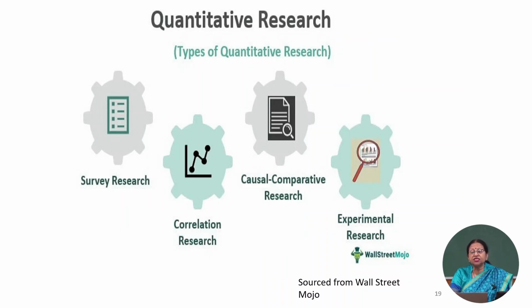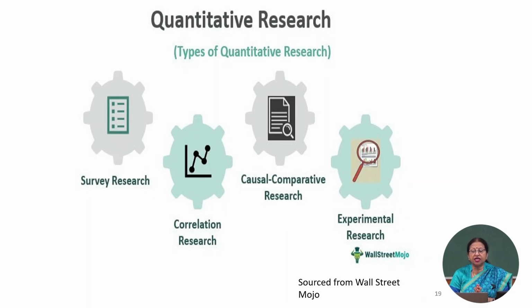Whereas in quantitative research, which I have sourced from Wall Street Mojo, it is not just survey research or correlation research or causal comparison research, it is also based on experimental research. So quantitative research could also be categorized into all these different types of research because they are now very interrelated.